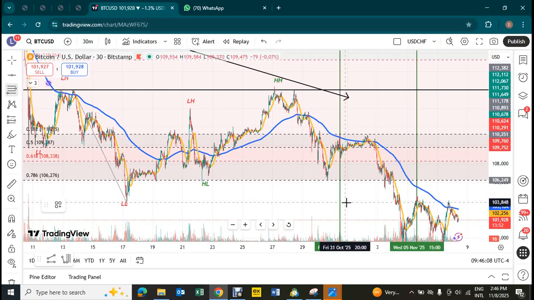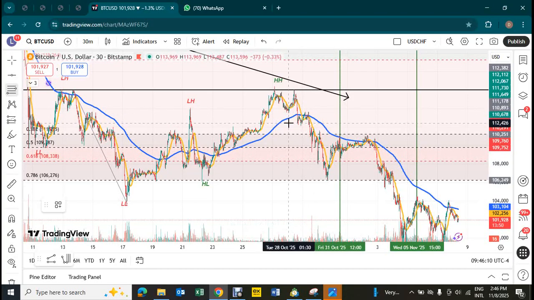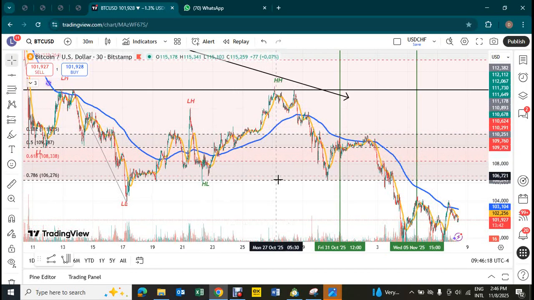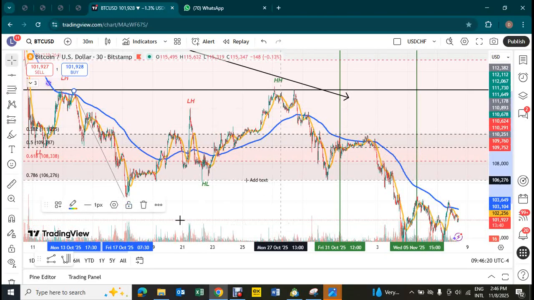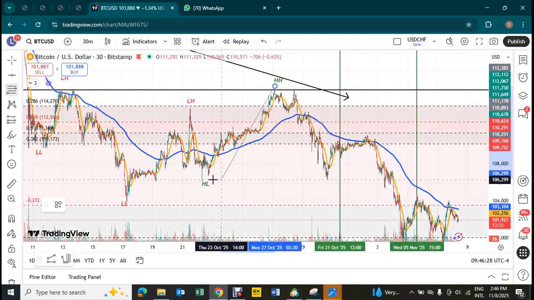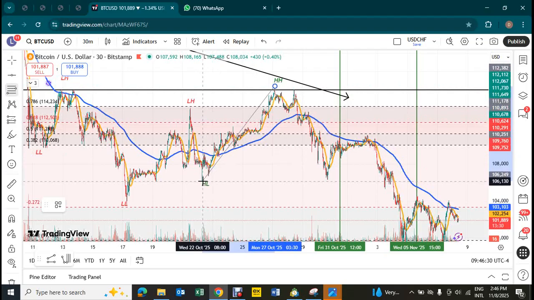Now to get your HL, you need to draw your Fibonacci retracement tool from the high of the higher high and drag it down. Let's take out this Fibonacci retracement tool first. This one, delete. Now a clear one. Now we take our high here, of the higher high, down to the low of the higher low.